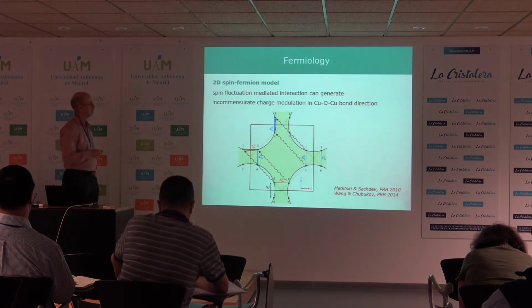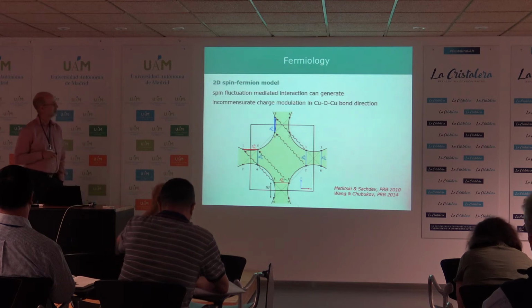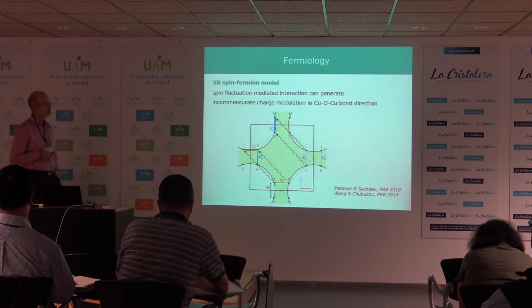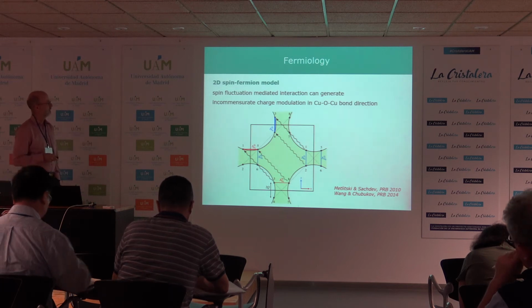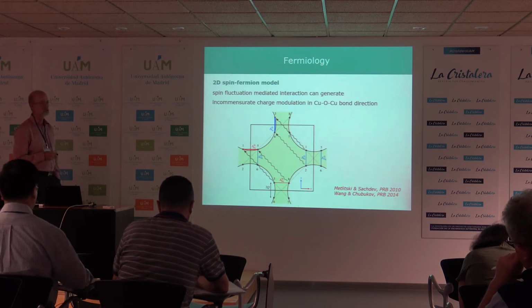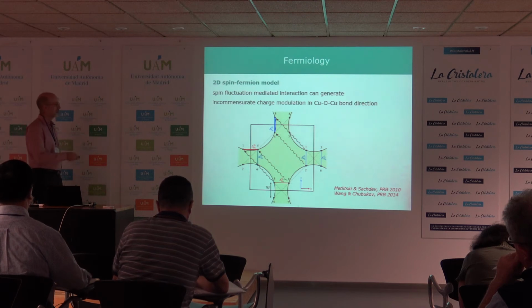They found out quite early that yes, such a charge modulation could be stabilized, but at least initially it seemed like the dominant instability would be not in the bond order, the copper-oxide bond direction, but 45 degrees from this.